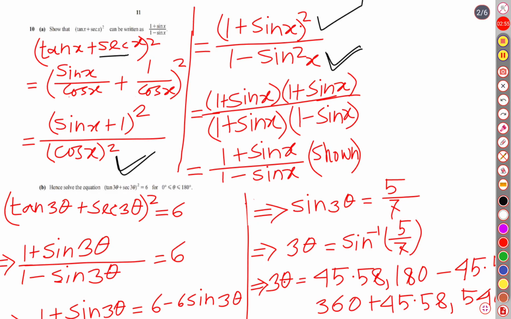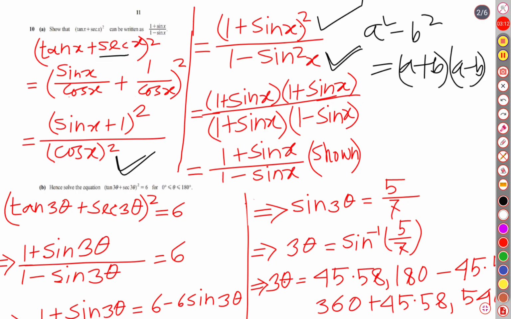Here we have applied an algebraic formula: a squared minus b squared is equal to (a plus b) into (a minus b). Here a is 1, b is sin x, so (1 plus sin x) into (1 minus sin x).